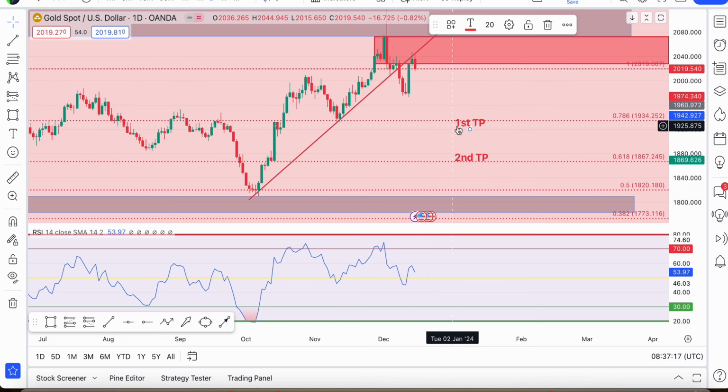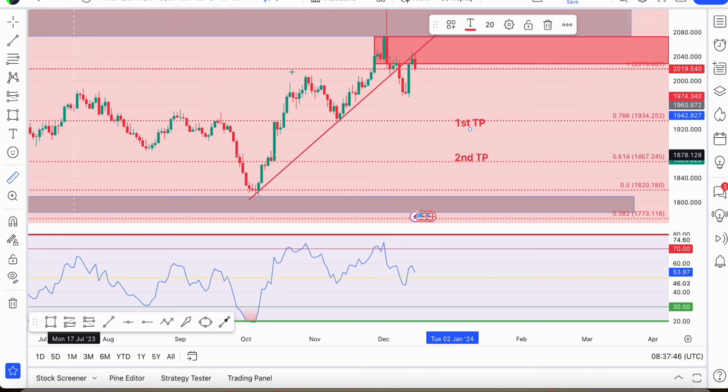Then, if this is going to continue, this is my first take profit, this is my second take profit, and this is a third take profit. The third take profit would be 1.68, 94.64, hold on, multiplied by 2, 189.28.